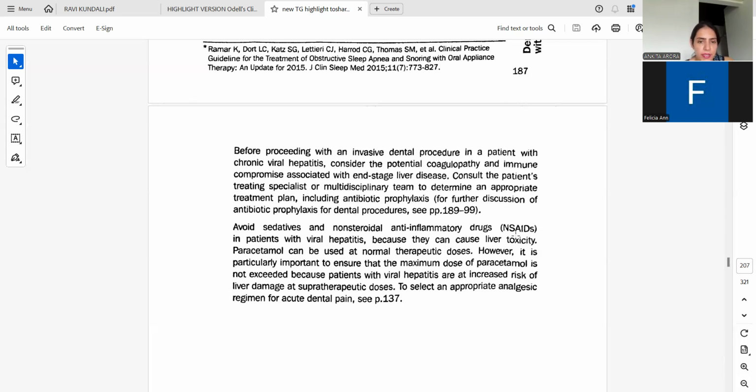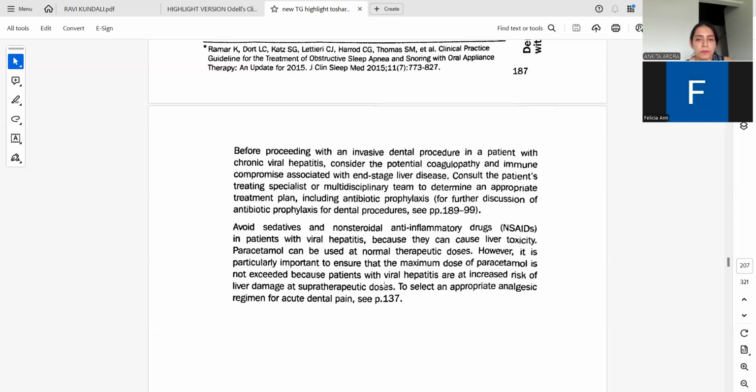Avoid sedatives and NSAIDs in patients with viral hepatitis because they can cause liver toxicity. Paracetamol can be used at normal therapeutic doses. However, it is particularly important to ensure that the maximum dose of paracetamol is not exceeded because patients with viral hepatitis are at increased risk of liver damage at supratherapeutic doses.